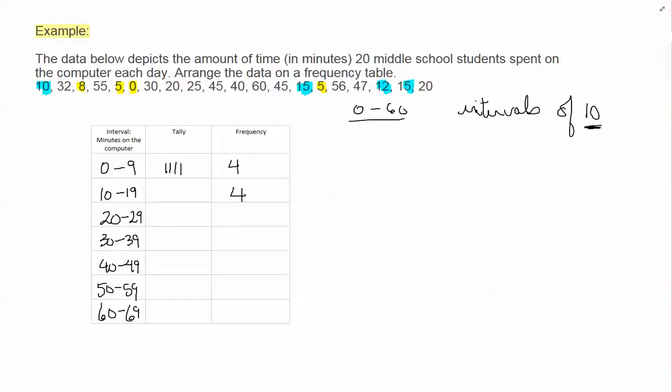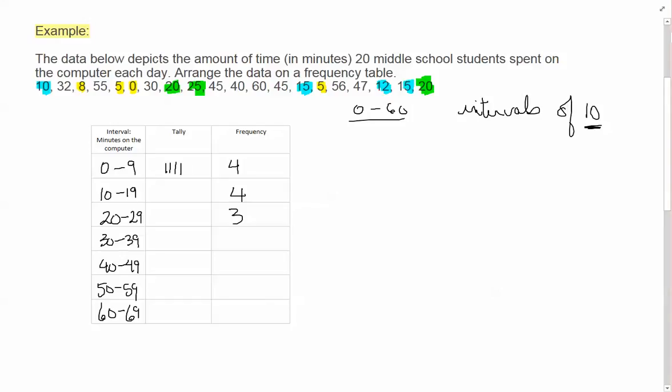For 20 to 29, we'll use green. We have 20, 25, and then 20 again. And so we have a frequency of 3.